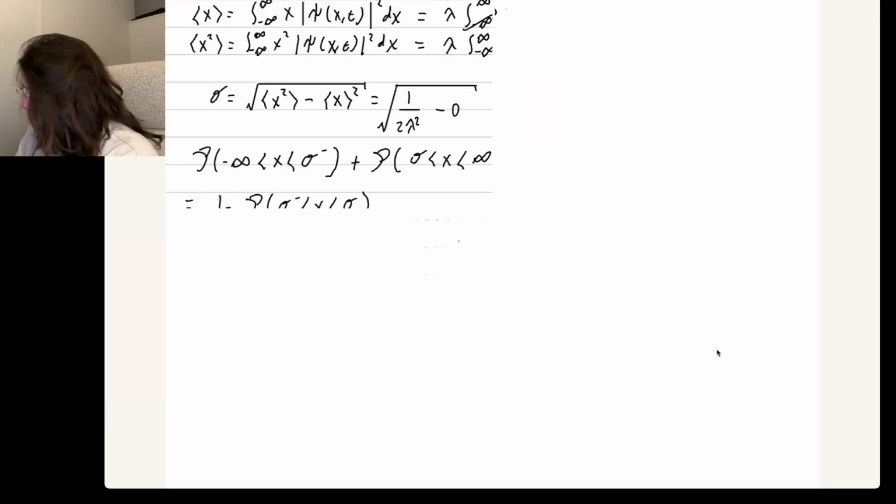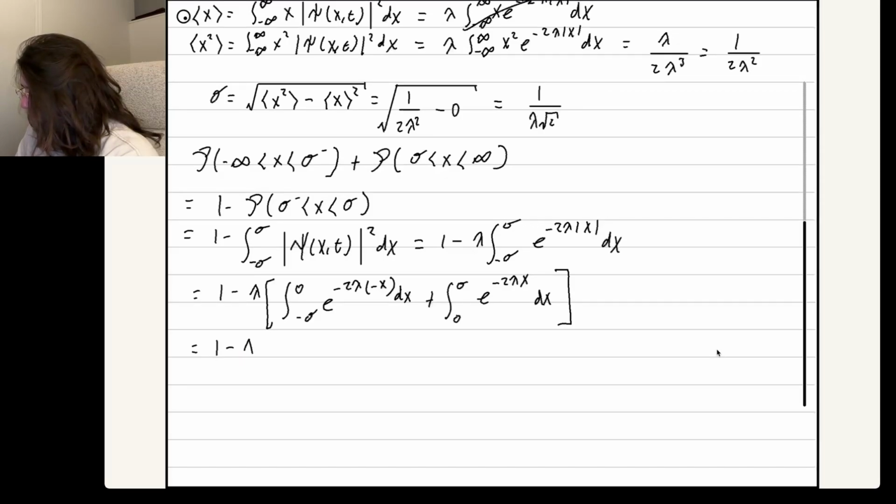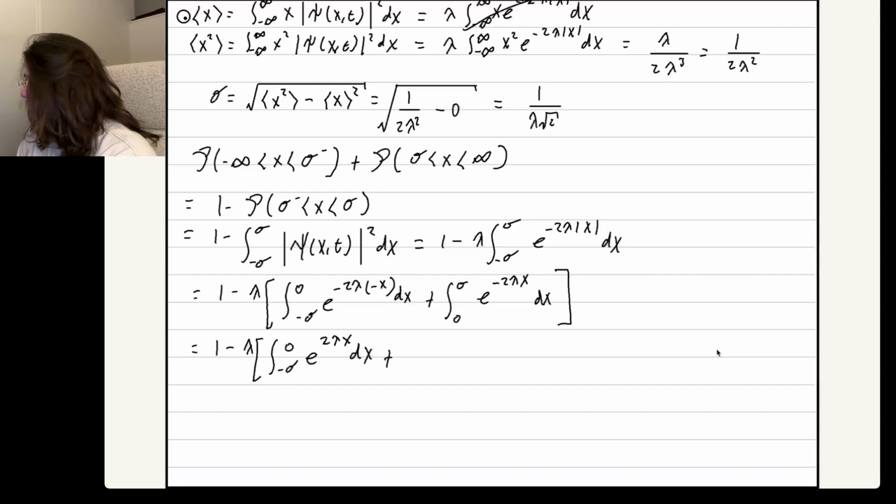So you have 1 minus lambda times, from minus sigma to 0, e to the 2 lambda x dx. And then on the other side, you have the result of that integral as being minus e to the minus 2 lambda x over 2 lambda, evaluated from 0 to sigma.